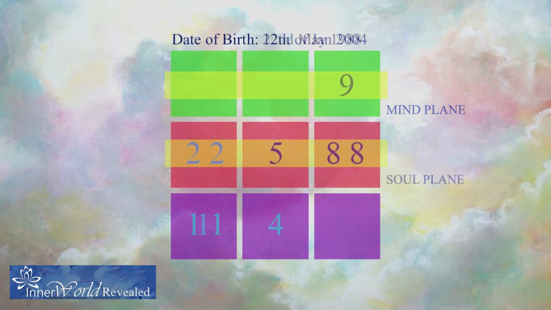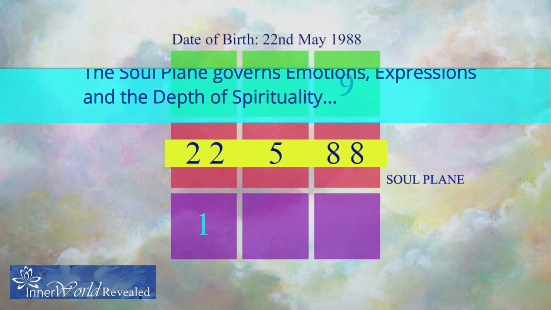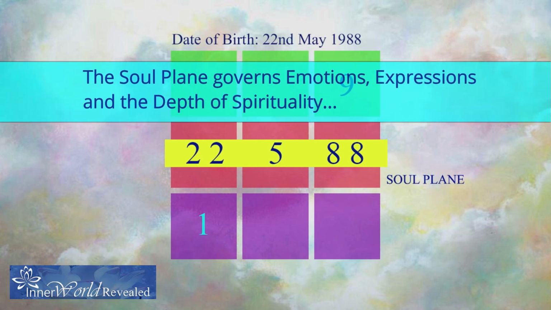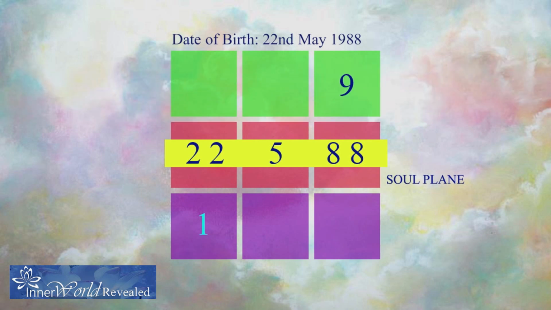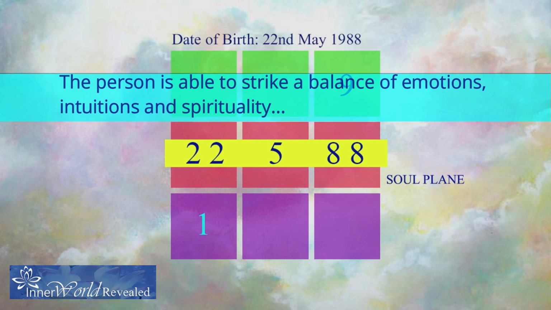What if all the squares in the soul plane are occupied? Well, the soul plane governs emotions, expressions, and the depth of spiritual understanding, and when all these squares are occupied, a person is able to strike a balance of emotions, intuitions, and spiritual understanding of life.